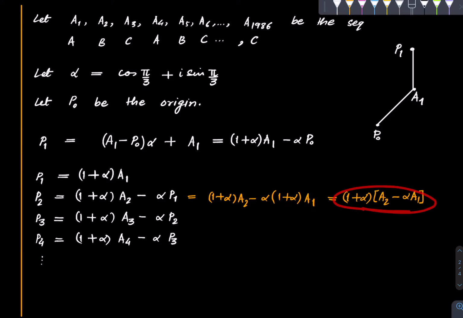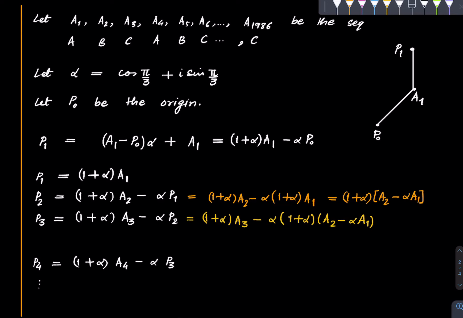It's not so horrible. Now let us compute P3, because all we need to do is substitute the expression for P2, and that will turn out to be 1 plus alpha A3 minus alpha times the expression that we just computed, 1 plus alpha A2 minus alpha A1. And what does it become?